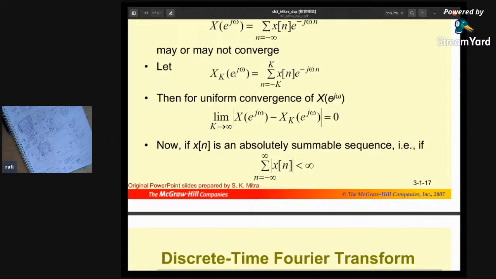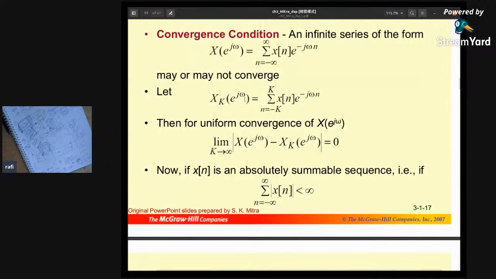This approximation of order k will be equal to the actual DTFT at each and every frequency as k tends to infinity. As k tends to infinity, the difference between the two goes to zero. This is when the signal is absolutely summable.